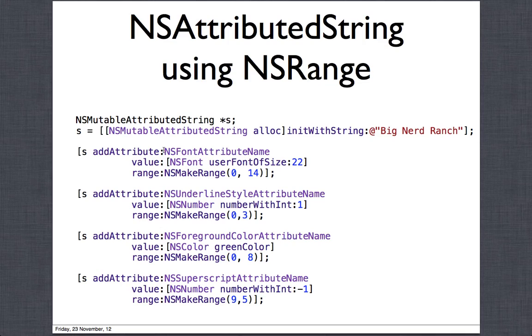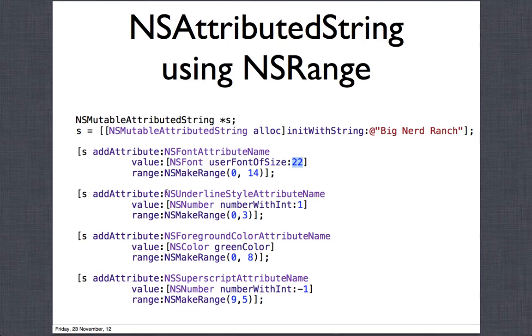In this case, we want the NSFont attribute name, and the value of that NSFont would be just use a font of size 22. And then the range for which to apply this rule is from 0 to 14. So the first 14 characters will be of user font size 22.